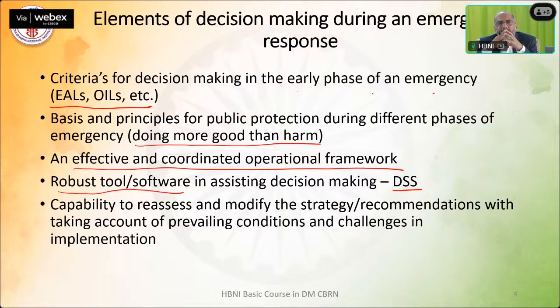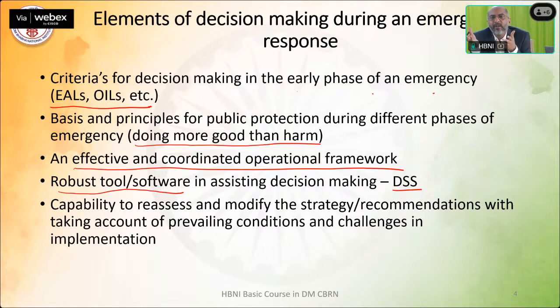Another important aspect of decision making is the capability to reassess and modify the strategy recommendations, taking into account prevailing conditions and challenges in implementation. What do we mean by this? When you see any emergency, the situation is going to be dynamic and it is going to throw challenges. You have to have strategies and tools that can factor in the actual conditions.